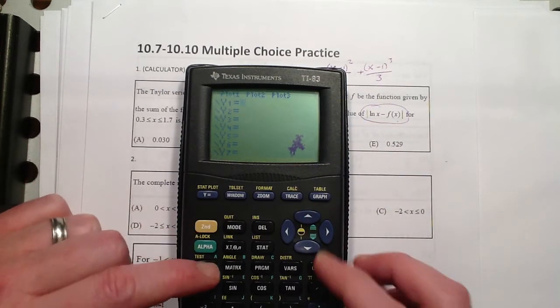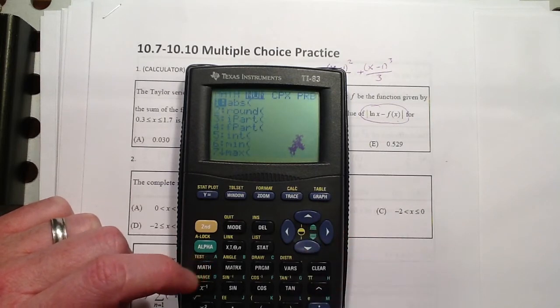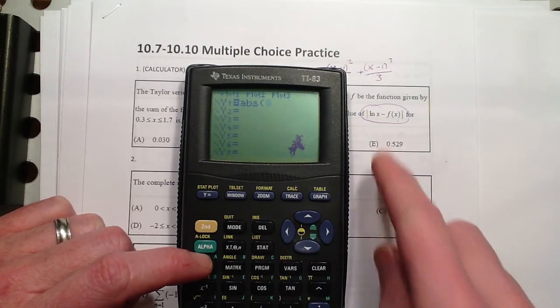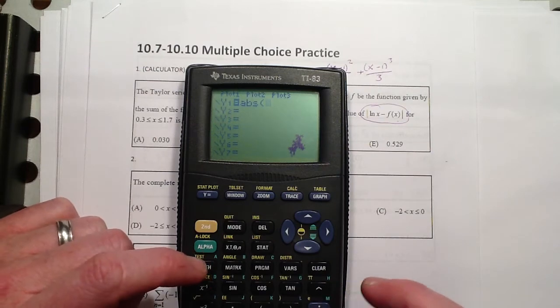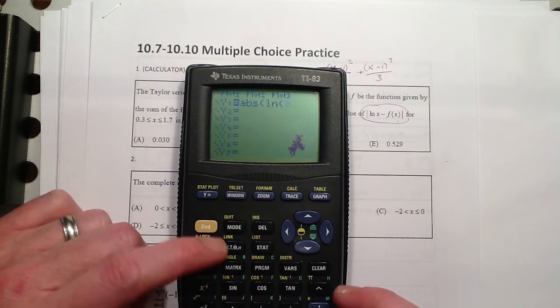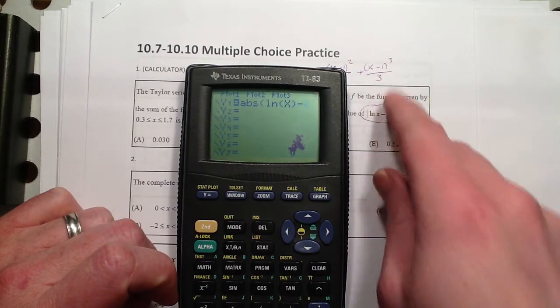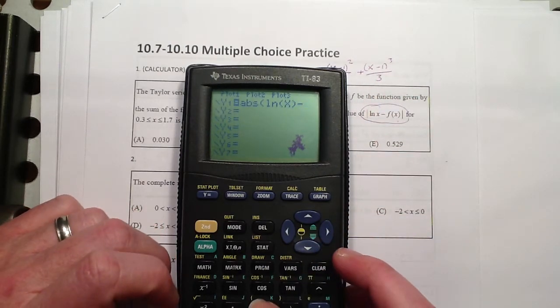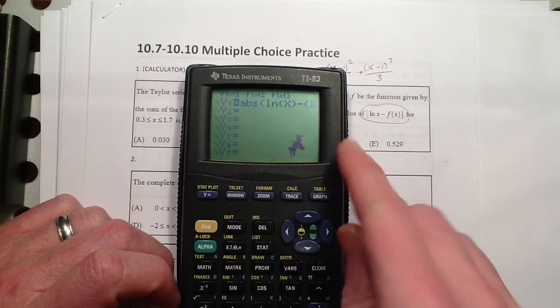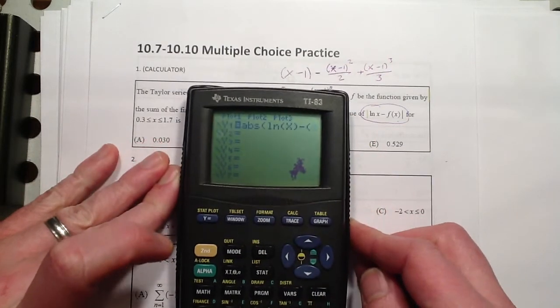So I want to do the absolute value of the natural log function minus, and then I'm going to put my series in a big set of parentheses so the minus distributes properly through there.